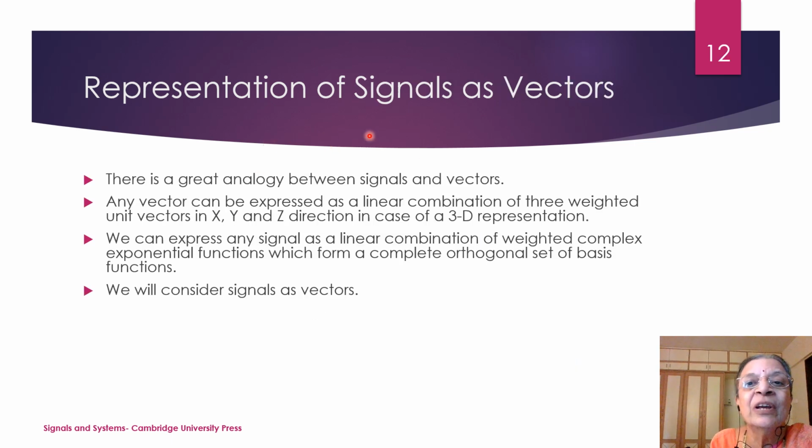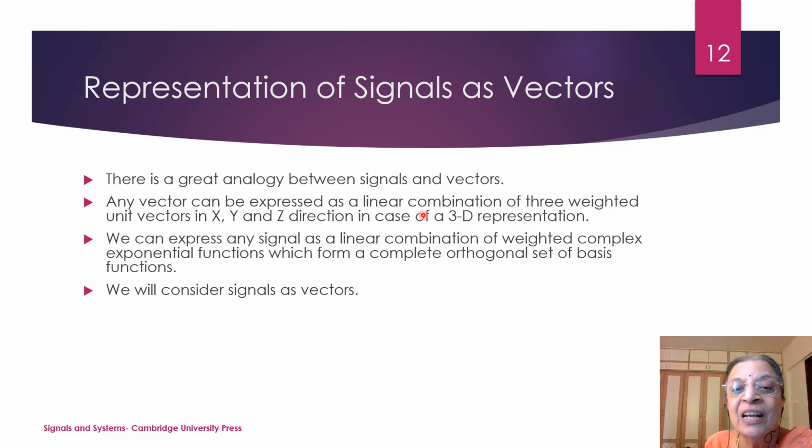Now let us see how we can represent the signal as vectors. As we already know, there is a great analogy between signals and vectors. We have seen the point representation in space. We are representing it as a triplet x, y and z. All these three directions are orthogonal to each other, and we get a 3D representation, right?